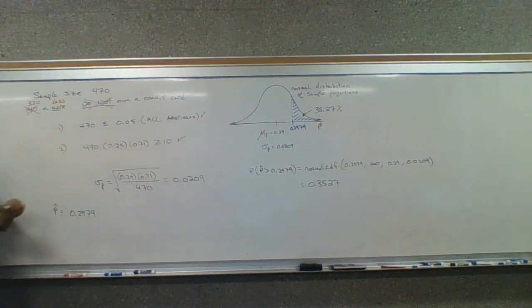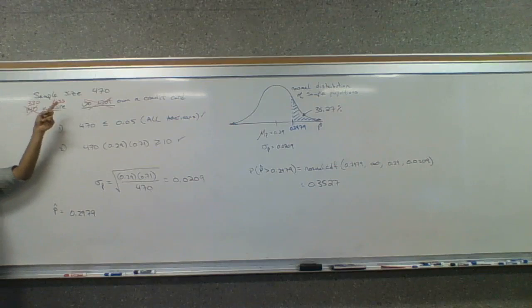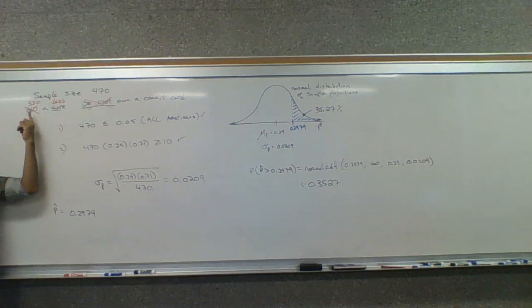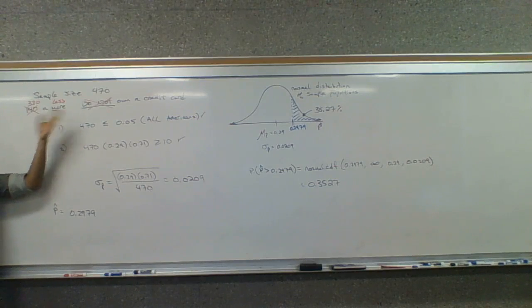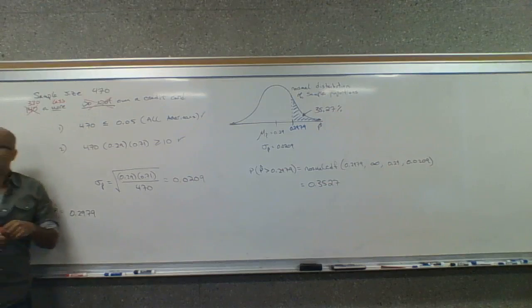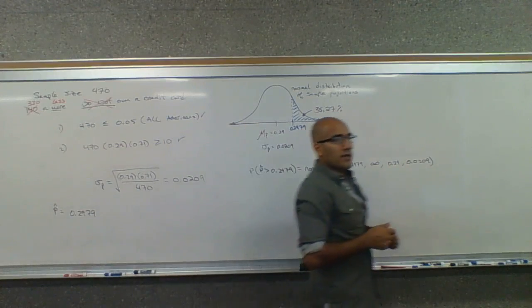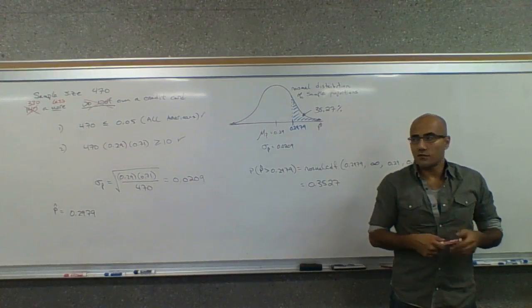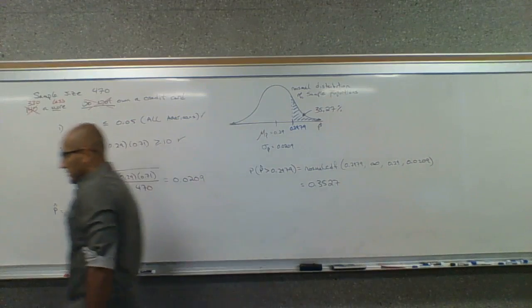Then the word problem could have said what is the likelihood our sample of 470 has 330 or less people that own a credit card. Good, and then it would have worked out. Any questions about that? Good. Sorry for the mistake there.